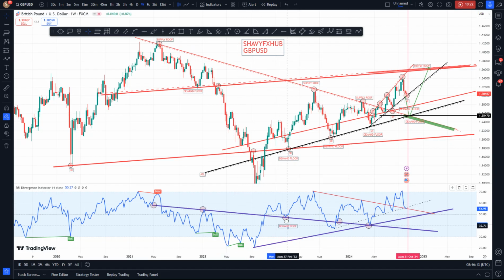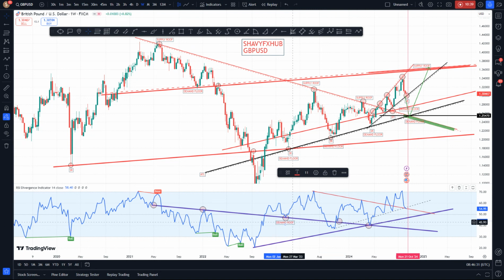So price returned here on demand roof. And when the structure was broken and retested, a retest within the zone, price came again, broke the demand roof and the resistance structure and returned back to demand.